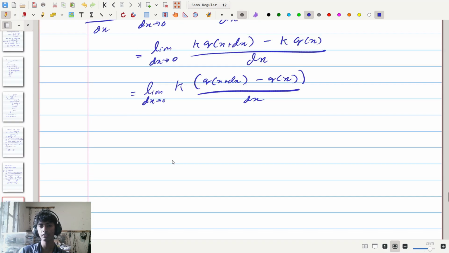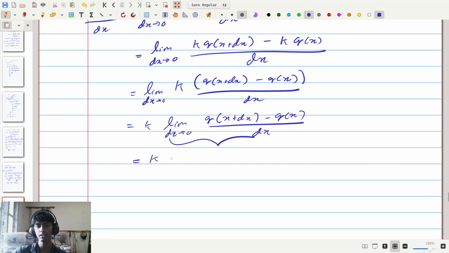So here you can see we have the limit of a constant times some other function, which is equal to the constant times the limit of that function. So k times the limit as dx approaches 0 of q of x plus dx minus q(x), all divided by dx. Now the thing after k is in fact the first principle definition of the derivative of q(x) with respect to x.